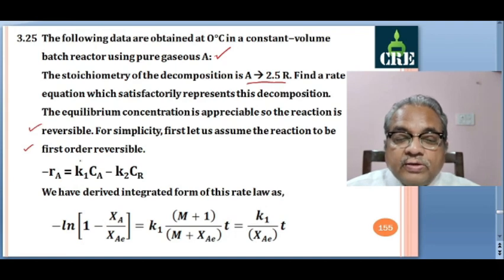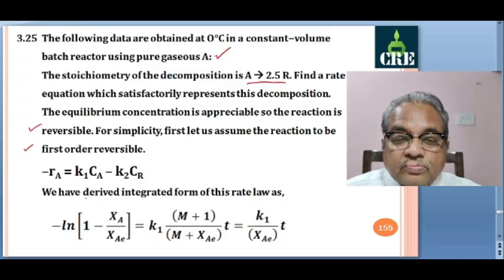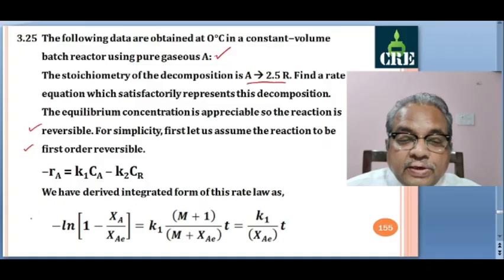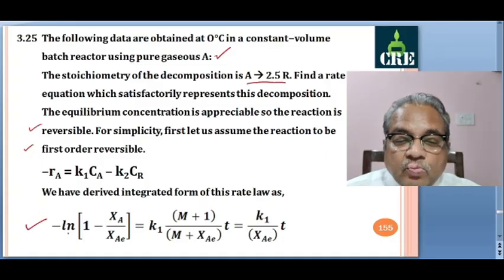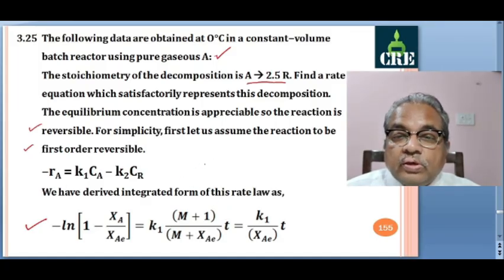First order forward rate, and first order reverse rate. So we know the integrated form, this we have already derived. Minus ln of 1 minus XA by XAE is equal to K1 into (M plus 1) divided by (M plus XAE) into t. Okay. Here no R is initially present.